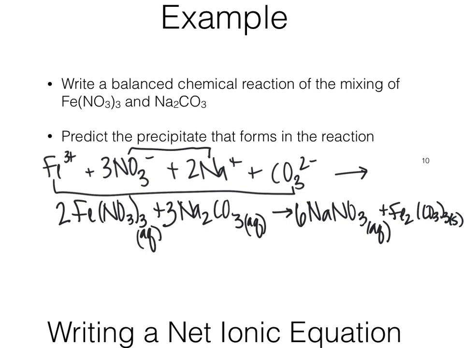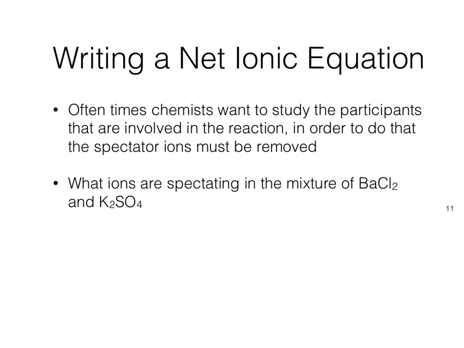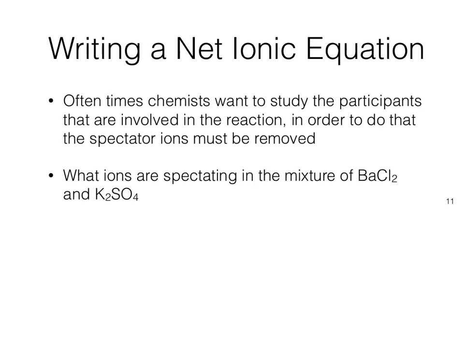Again, we're taking one set of compounds and creating two new sets of compounds. One of the things we often want to consider as chemists is that we only really care about the active participants. An active participant, in this case, is the ions that create the solid. So if we think about this interaction of barium chloride and potassium sulfate, the spectating ions must be removed.